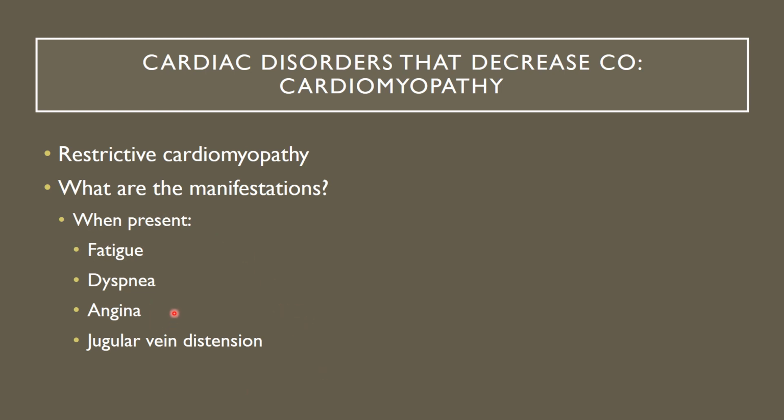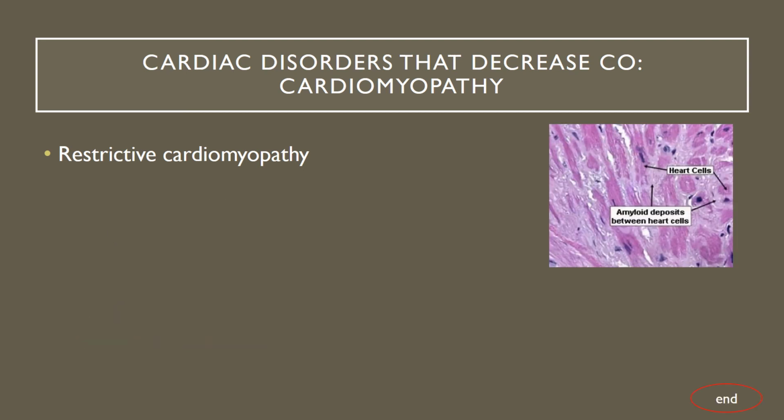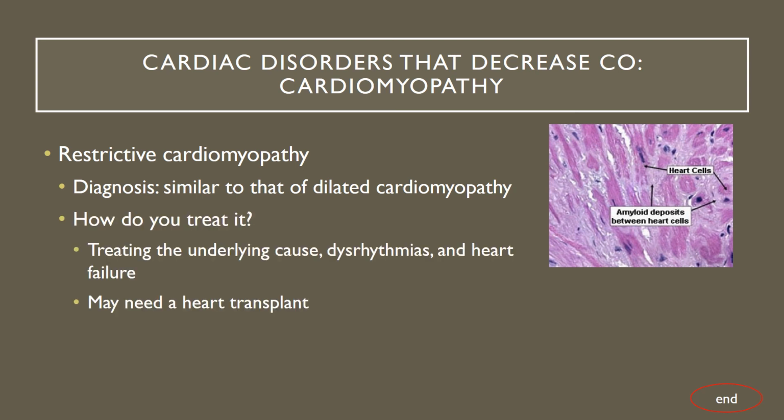We saw angina with dilated cardiomyopathy and jugular vein distension, right? So now the pressure is building up and the venous blood cannot return to the heart unimpeded. So how do you diagnose restrictive cardiomyopathy? It's going to be very similar to dilated cardiomyopathy. How do you treat it?